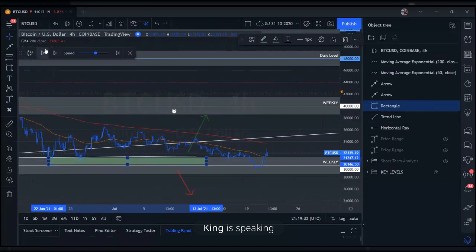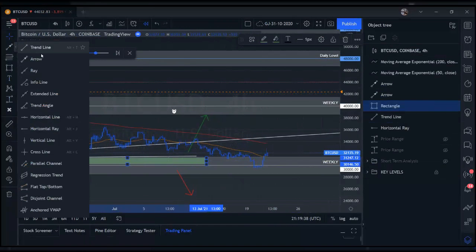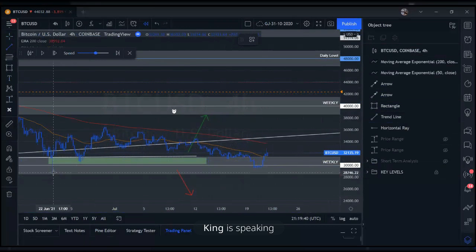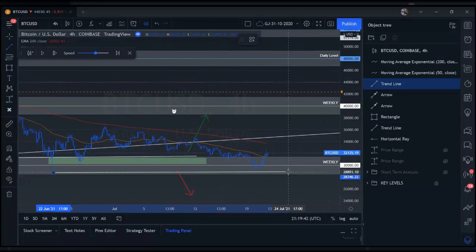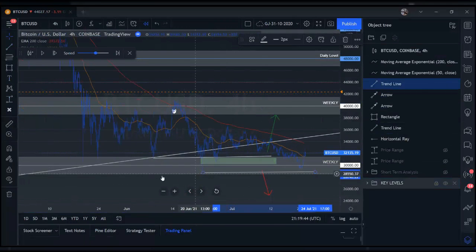And now something possibly could be happening. We haven't been able to break this low. We've pretty much respected this weekly level.